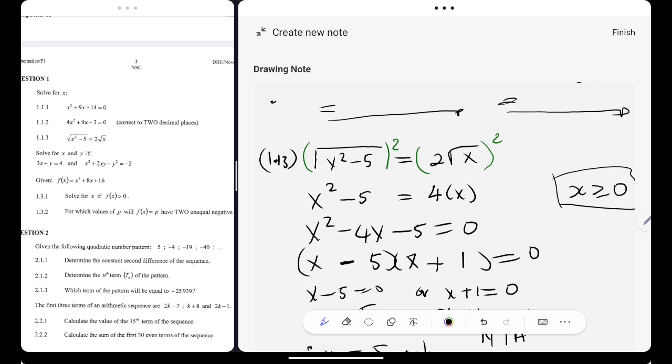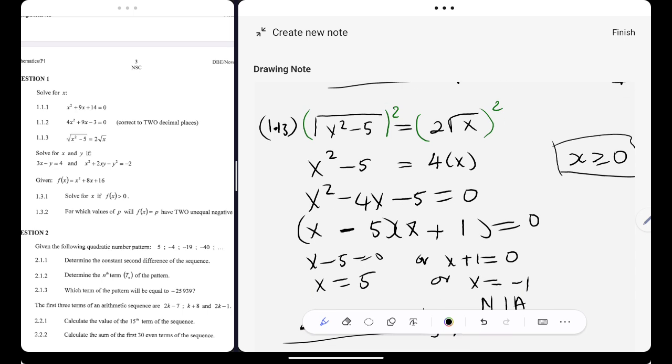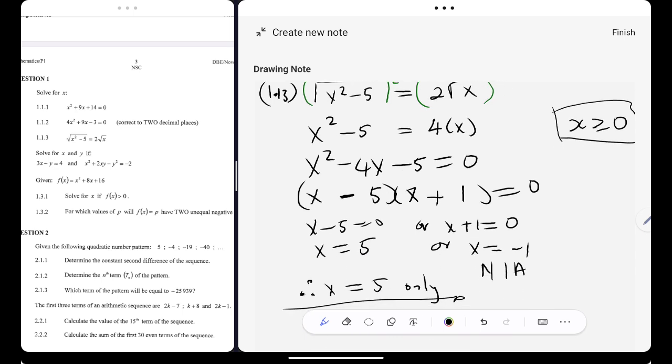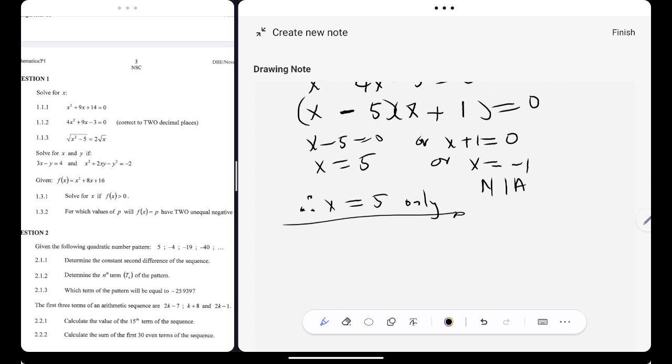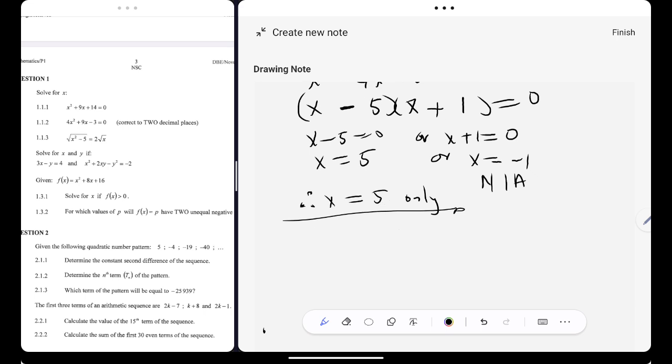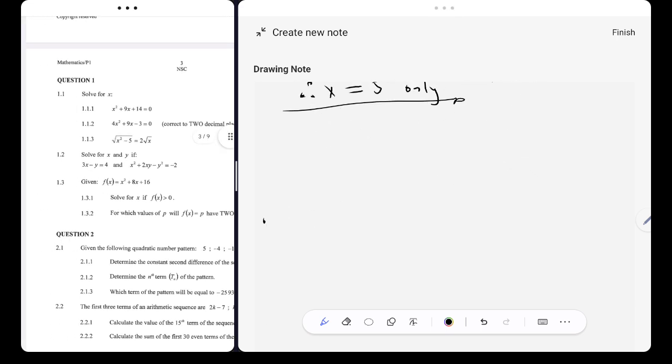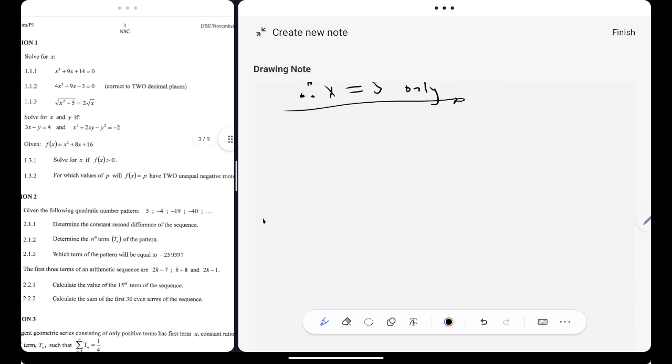But if you substitute your solution and then your left hand side is equal to the right hand side, then that solution should stand. If you put 5 there at the original equation, you will get 2 root 5 and 2 root 5 on the other side. So this one will stand. All together. So now let's move to 1.2.